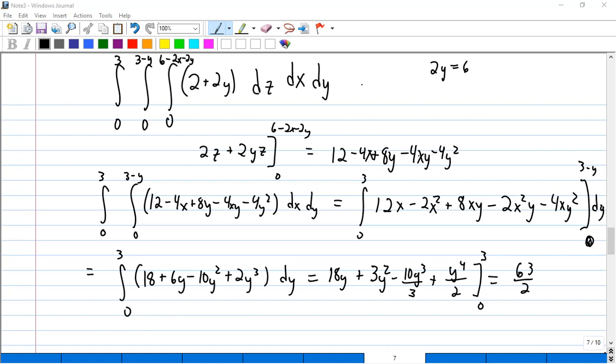Again, I told you this could be used to calculate flux. Just going to show you, I guess you could say, a real-world example.